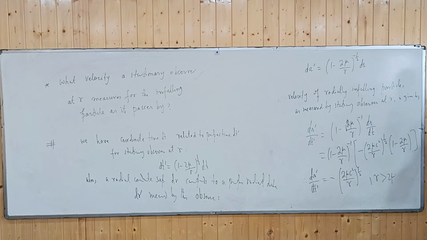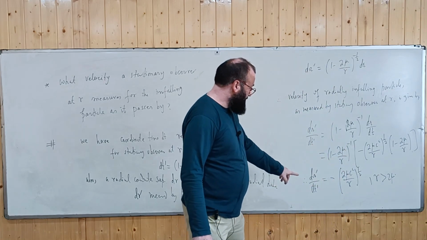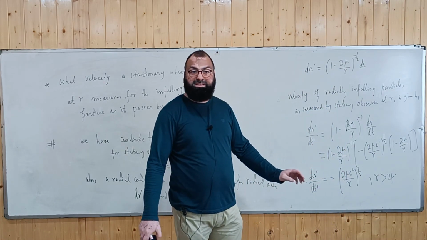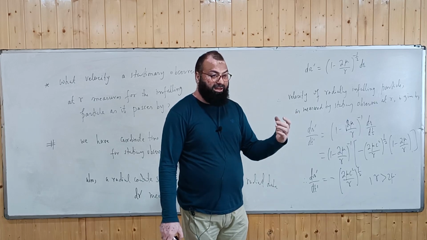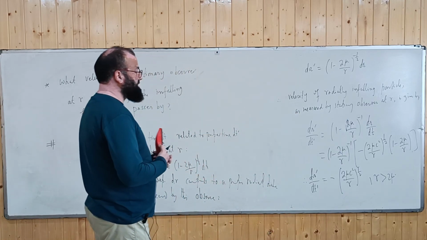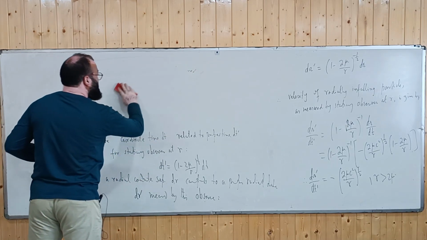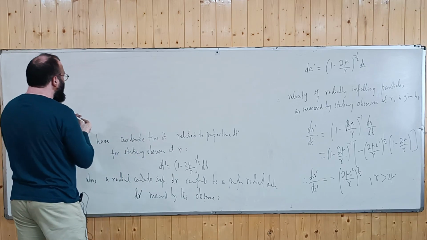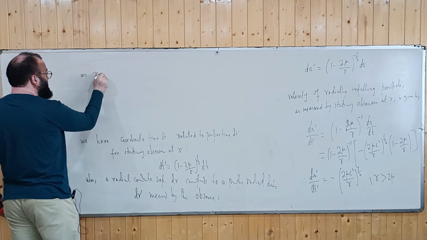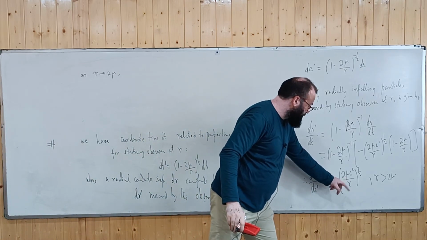Now what happens when it approaches r equal to 2 mu? What happens to this velocity when the particle approaches the event horizon? Anybody? As r approaches 2 mu, the r and 2 mu will cancel.